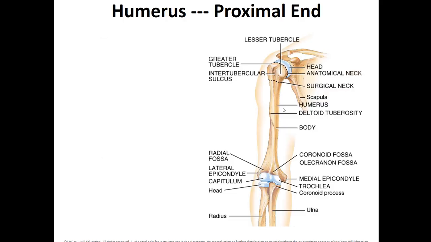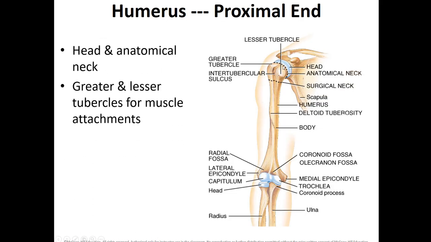If we look at the humerus at the proximal end, you have the head, which articulates with the glenoid cavity of the scapula, and you have the anatomical neck right next to it. You have two large processes called tubercles, the greater and lesser tubercles for muscle attachments.